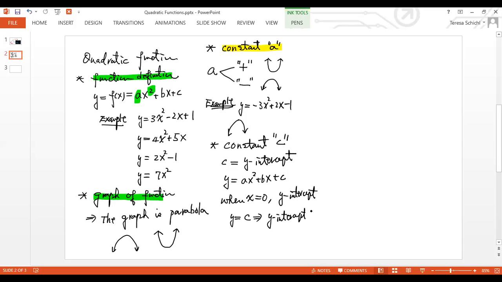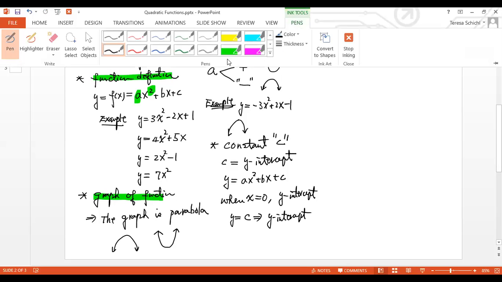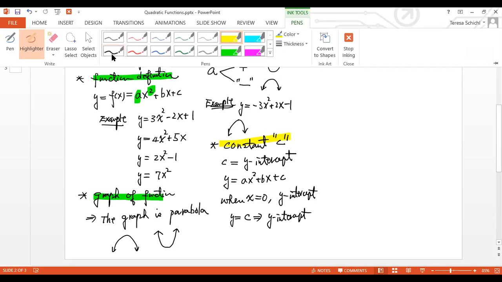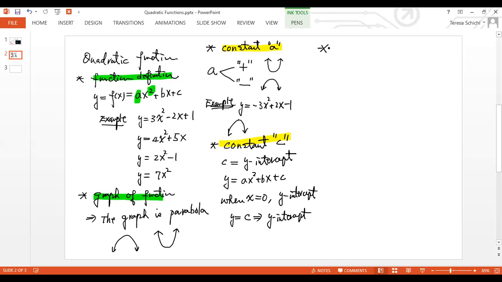Also, based on this information, you can very quickly identify the graphs here. So this constant is kind of important. Then the next topic, which is really very important, is how to find the zeros, or some people call them the roots, of the quadratic.